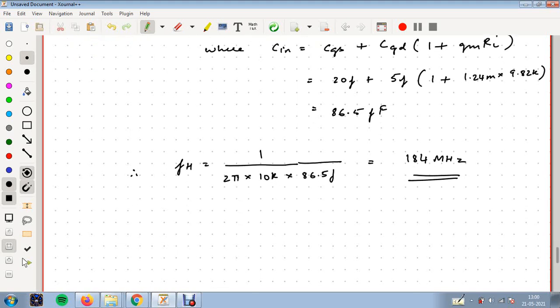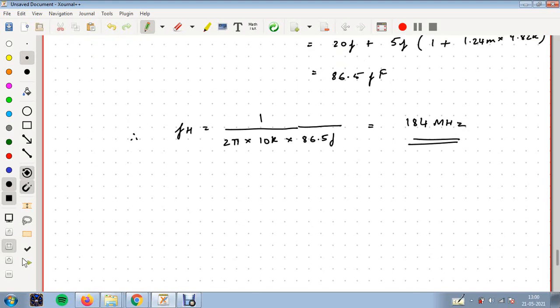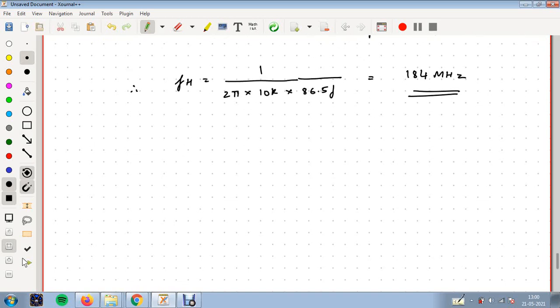Now let us look at the open circuit time constant method.